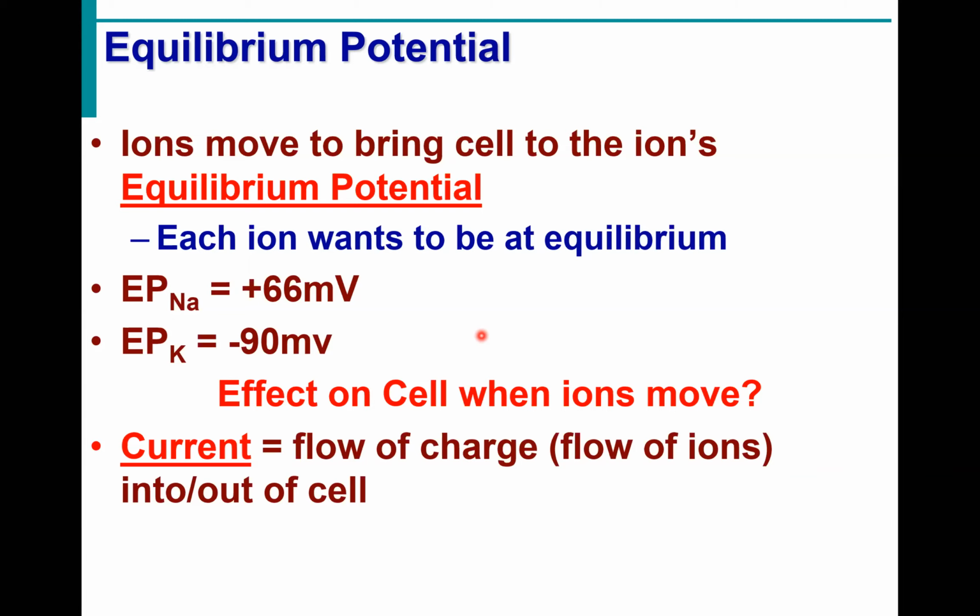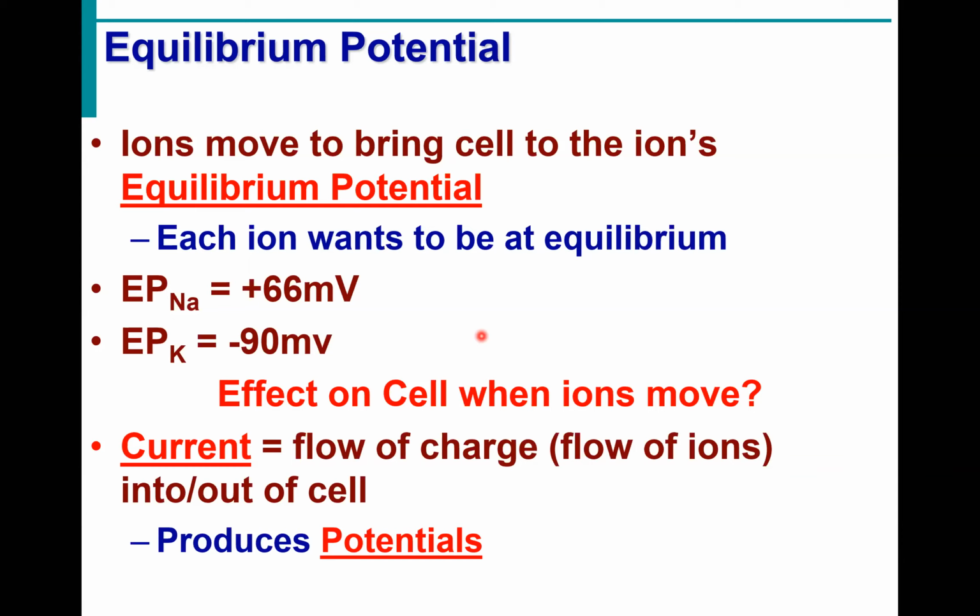And that's how our cell does work too. A positive or negative charged ion entering or exiting the cell is a charged particle moving into or out of the cell. And when a charged particle moves, that is a current. And those currents that we produce are going to be our potentials, our graded potentials and our action potentials.